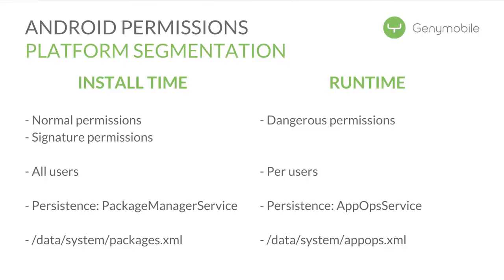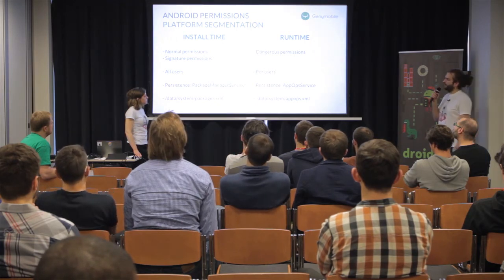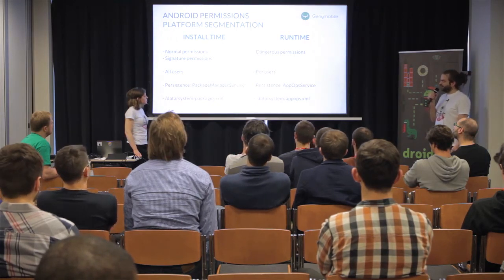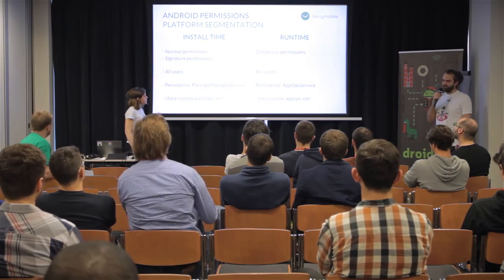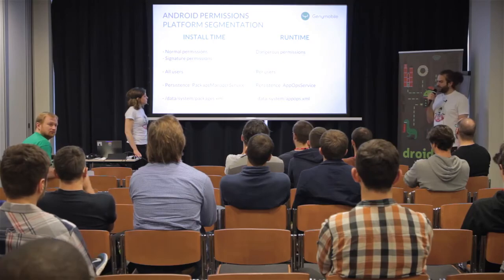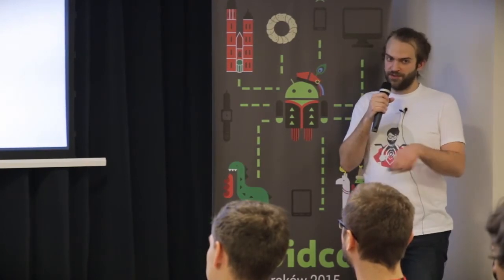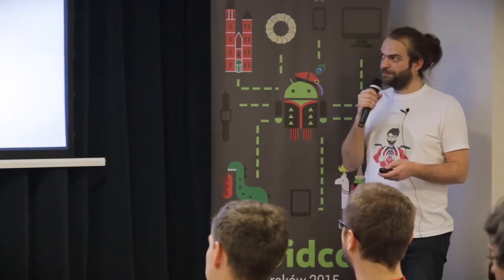So what did we just see? At install time, that concerns permissions granted at install time, normal permissions and signature permissions. So basically system packages and normal permissions such as the internet one. Those are granted for all human users, all sessions. Applications used by several human users will get the same permission states regarding these kinds of permissions.